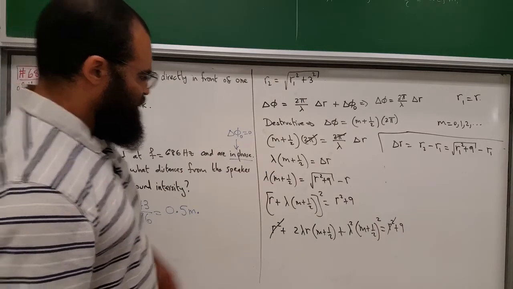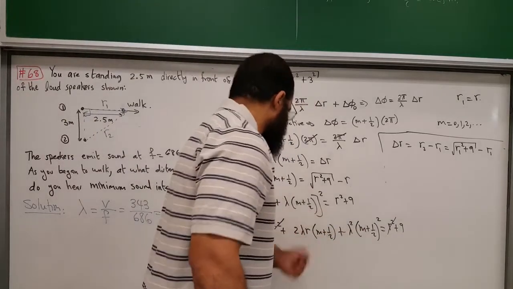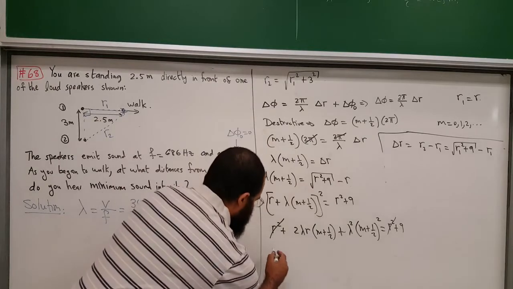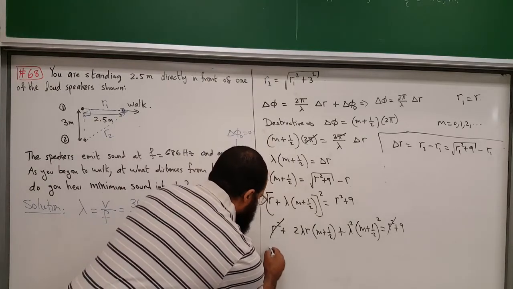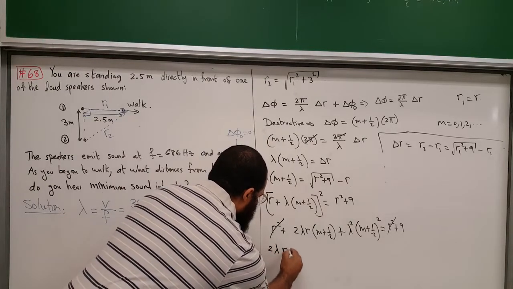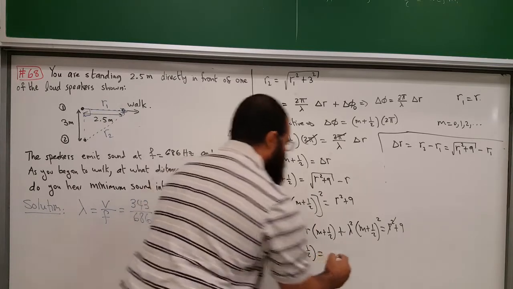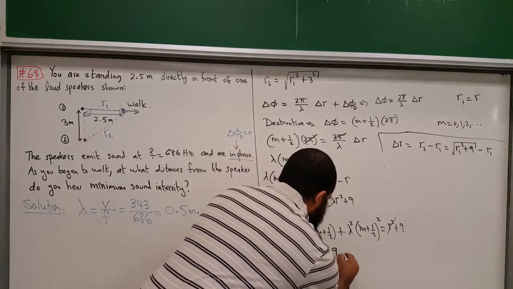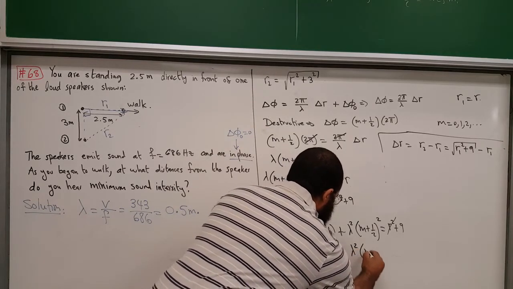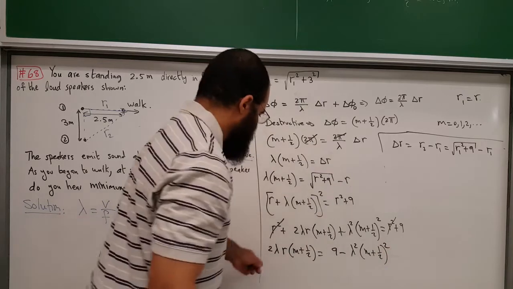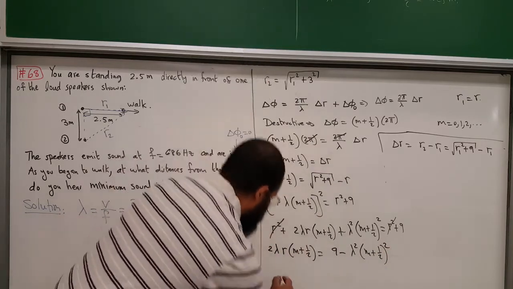Okay, awesome. So let's move this to the other side and leave everything with the r on this side. I will have 2 lambda r times m plus 1/2 equal to 9 minus lambda squared times m plus 1/2 squared. Divide both sides by this and you solve for r.